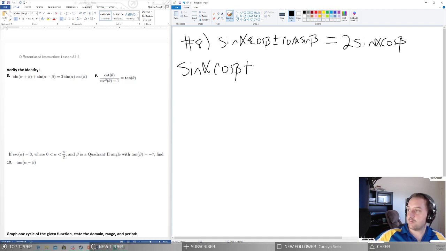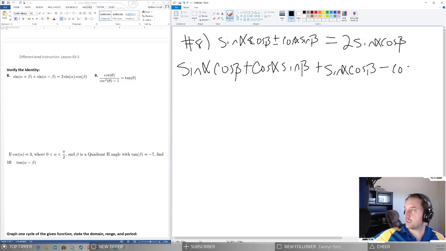Sine stays the same. Cosine alpha sine beta. The second one, so plus, then I get sine alpha cosine beta minus, and then it's going to be cosine alpha sine beta.